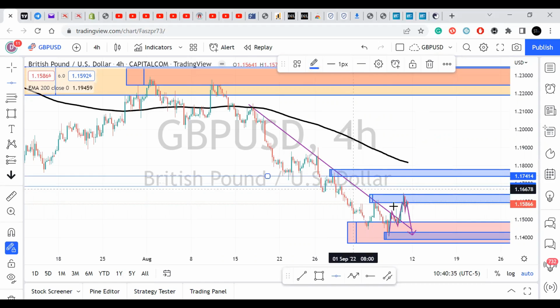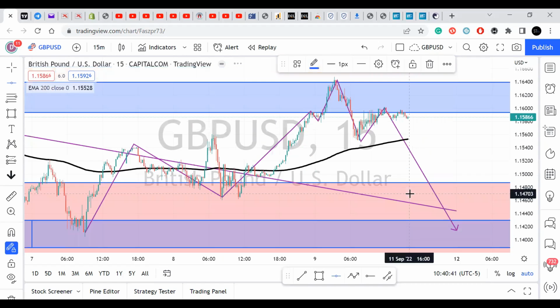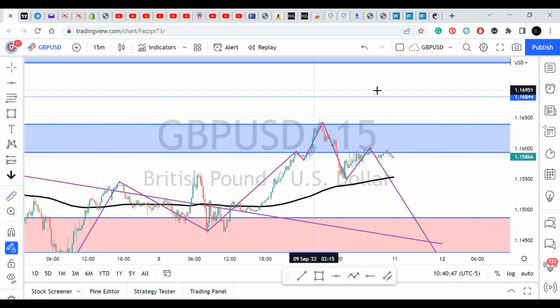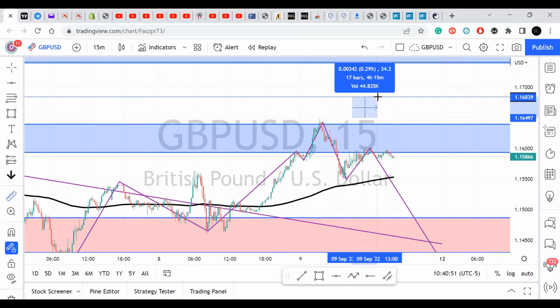So at least if I have a buy stop here, it's better you take small profit than if I have a buy stop here. It's about 34 pips. If this price can come up here, I'm sure we must hit this TP.